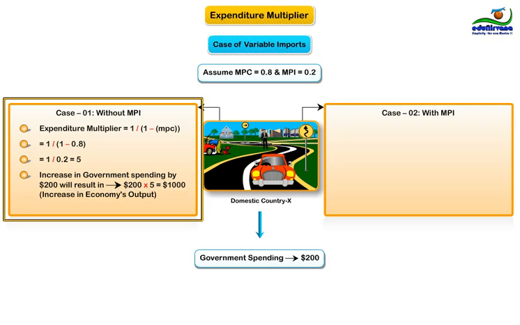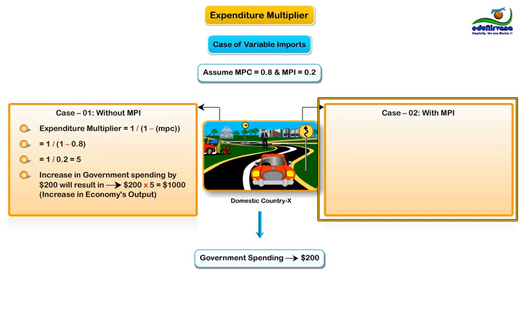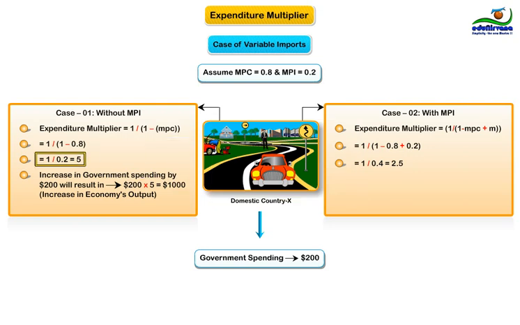In case 2, with marginal propensity to import, the expenditure multiplier will be 1 divided by 1 minus MPC plus m. Clearly, in this case, total output will now rise by a smaller amount, as the government expenditure multiplier is 1 divided by 1 minus 0.8 plus 0.2, that is 1 divided by 0.4, which results in 2.5, which is smaller than that obtained in the earlier case.